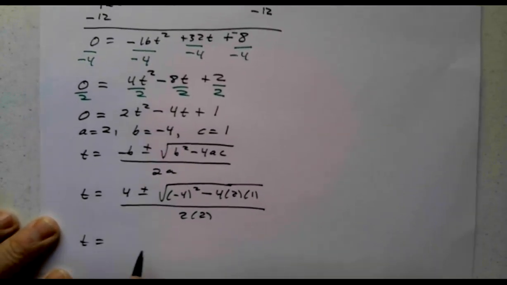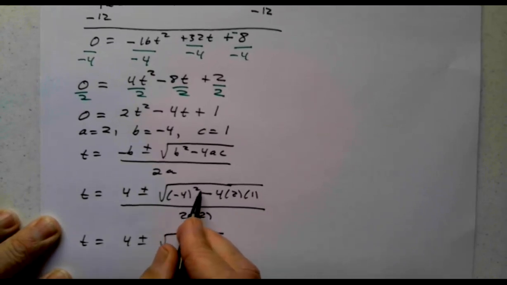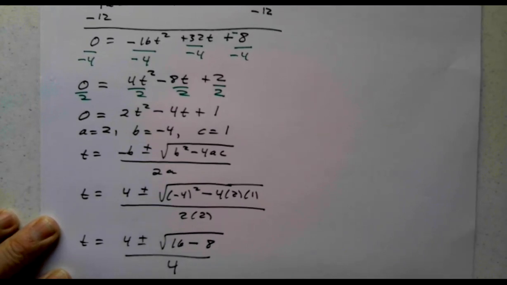So we get t equals 4 plus or minus the square root. Negative 4 squared is 16, minus 4 times 2 is 8, over 4.